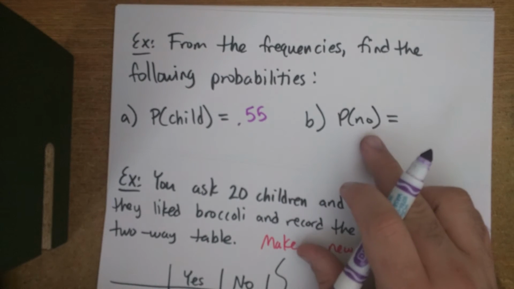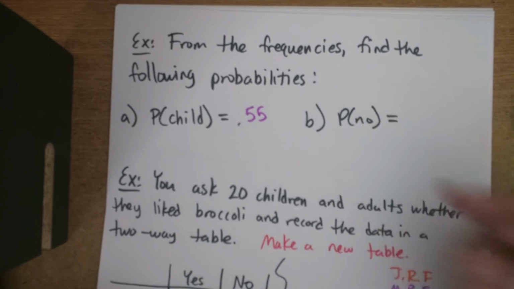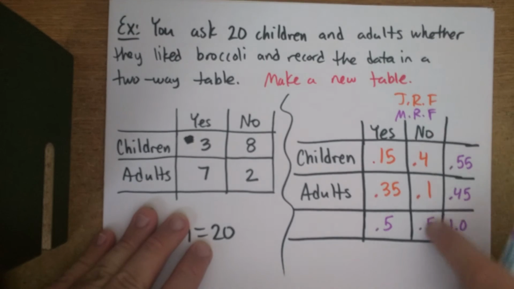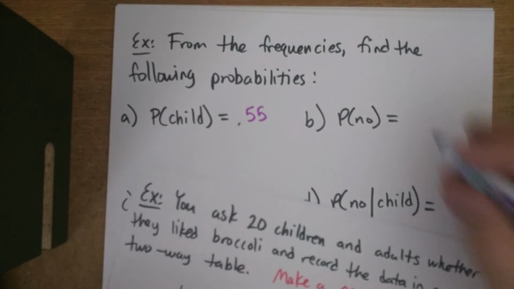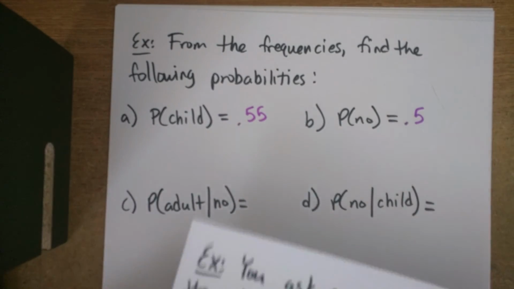Let's find the probability of an adult not liking broccoli. I abbreviated P of no. If we look at our table, no is a column, and the marginal relative frequency is 0.5. So those are pretty easy, and you can do the rest of it.